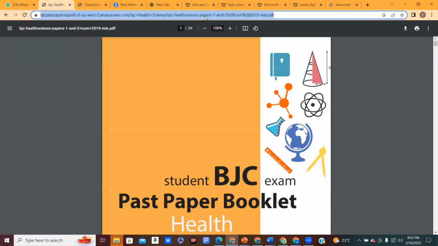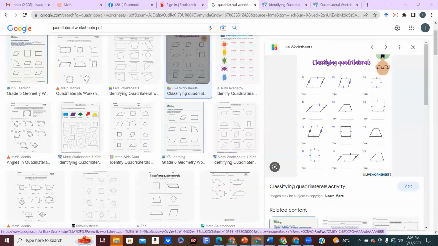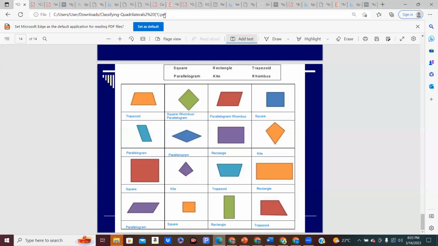Okay, so we're going to look at 2019 paper 2, like I said, and we're going to see what that entails.